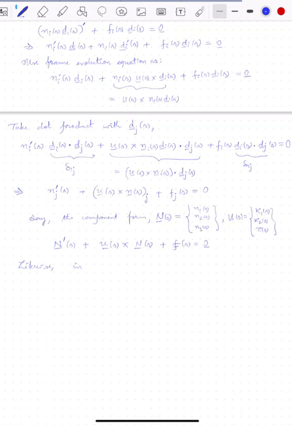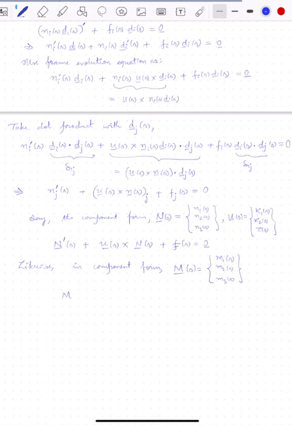Likewise, in component form, m vector of s is equal to m1 of s and so on.